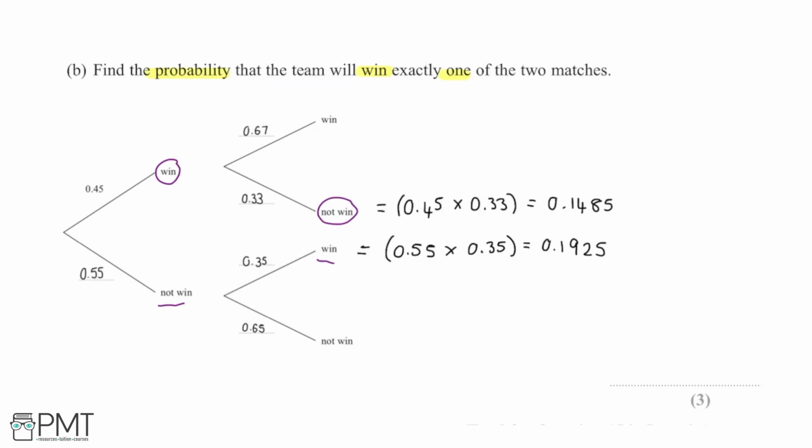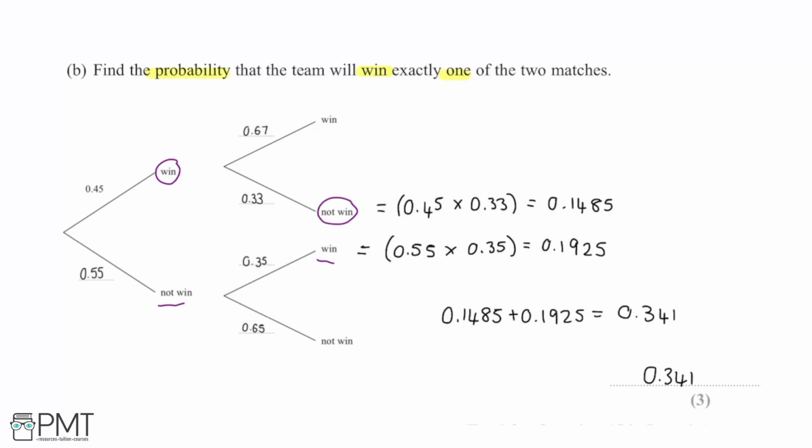Now in order to find the total probability for them winning exactly one match, we're now working downwards down the tree diagram again in a way, so we can simply add these two probabilities together to find this total probability. And that gives us an answer of 0.341. And that is going to be the correct final answer for this question.